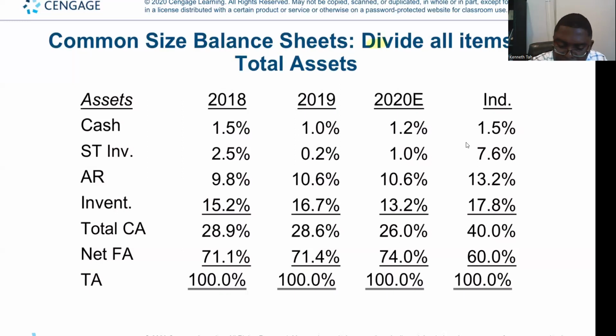So if we take total asset divided by total asset times 100, we have 100%. If we take the cash that was given divided by total asset times 100, that will leave us at 1.2%.